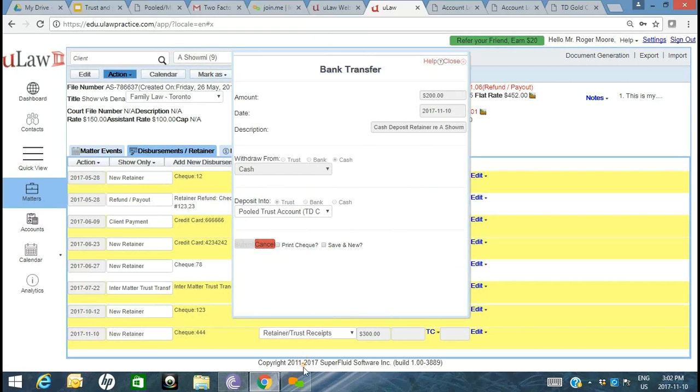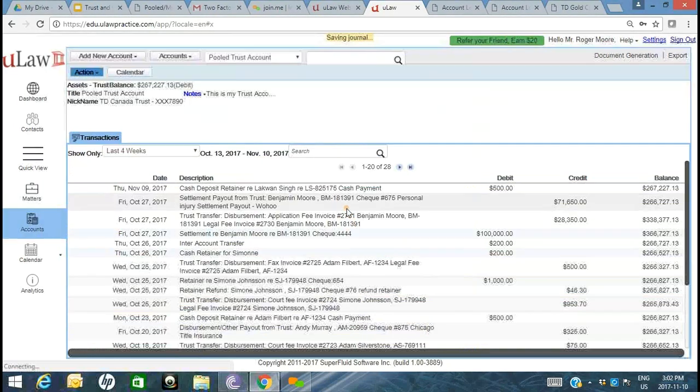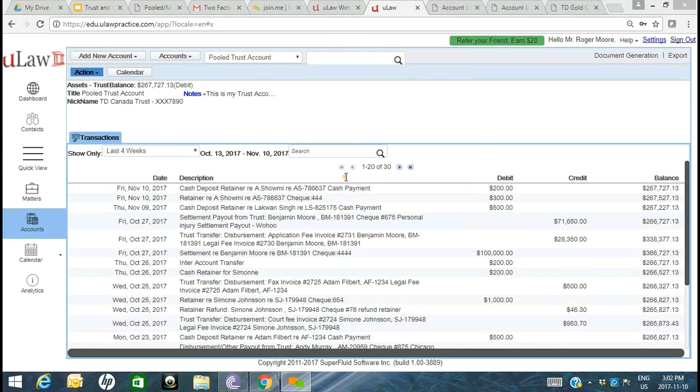And obviously, we give you a warning that says, hey, once you put it into cash account, make sure you deposit into your trust account. If you've already done it, you can just say deposit now. And we help you by moving it automatically from your cash account into your trust account. Cash into trust, $200. And we put a little description as well. Hope that answered that question.